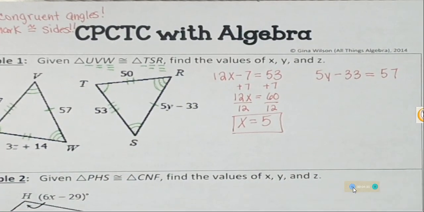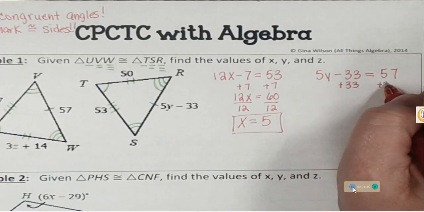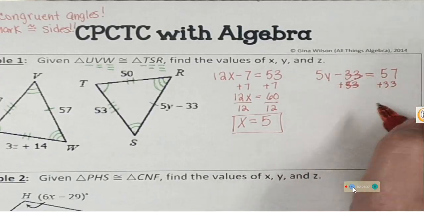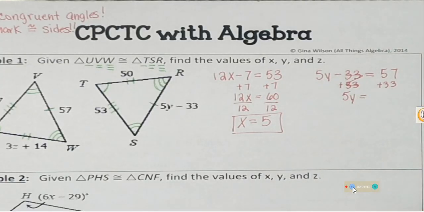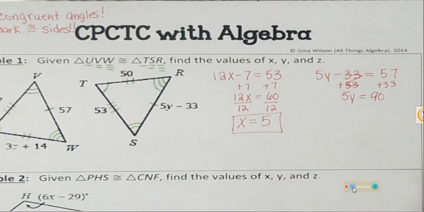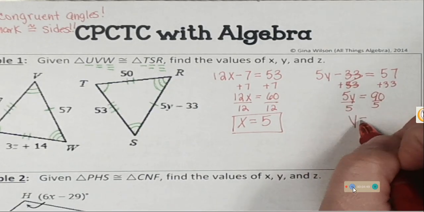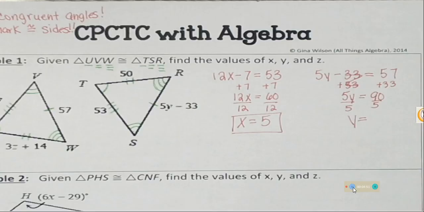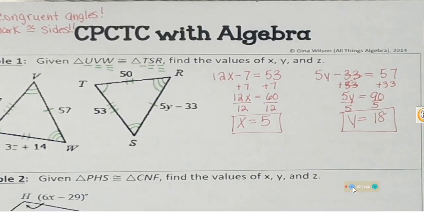And if I want to know y, I'm going to get it by itself. I'm going to add 33 to both sides. Inverses cancel. I've got 5y equals, what is 57 plus 33? 90. How do I undo times 5? Divide by 5. Now help me out. What's 90 divided by 5? 18, my friends tell me.